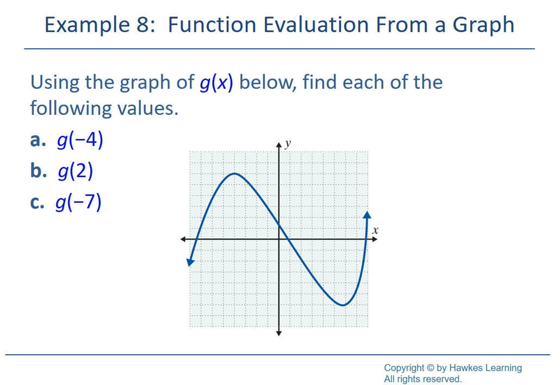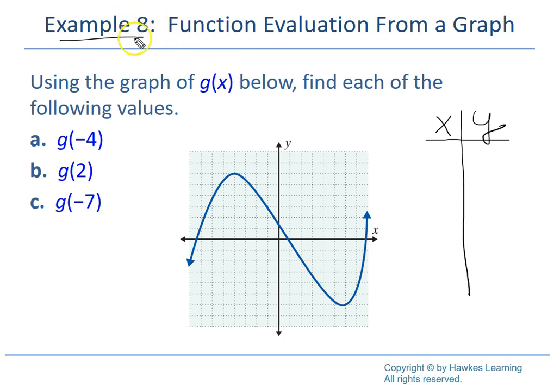Now, here, they're asking us, using this graph, to find out what the ordered pair would be. So a suggestion for this is to make a little t-chart here. And go ahead with me and make a t-chart. And you might put there that this is example 8.